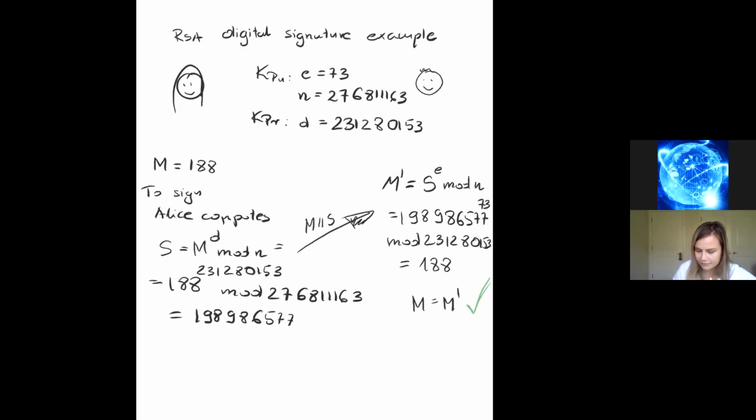In public key cryptography in general, we have this pair of keys, private and public key. If we have the private key, it is easy to compute the public key.